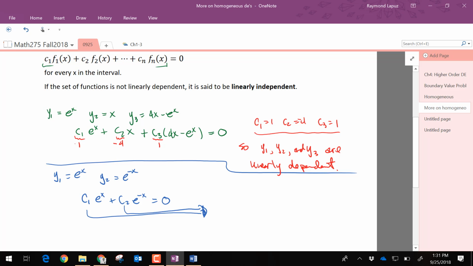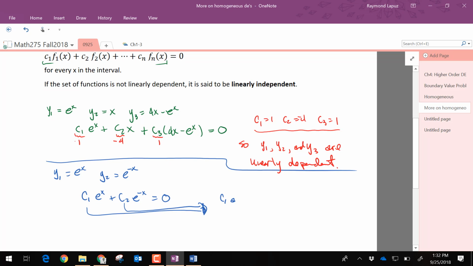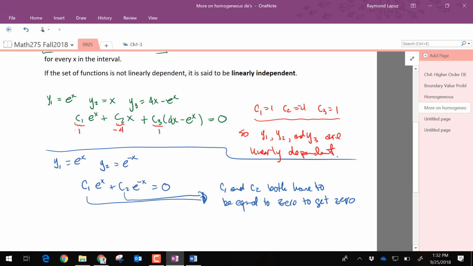In this particular case, the only way to get 0 is if C1 and C2 are both equal to 0. And so if that's the case, what do we say about y1 and y2? y1 and y2 are independent.